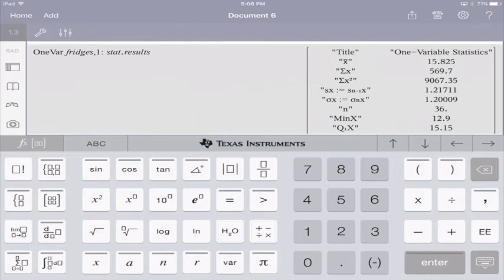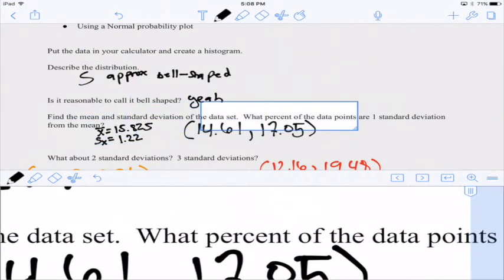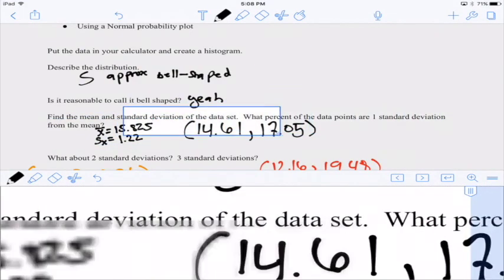We don't want to use the sigma because we don't have all of the data. It's not a population, it's just a sample. So I wrote that down. So we have 15.825 and 1.22. We want to know what percent of the data points are within one standard deviation of the mean.